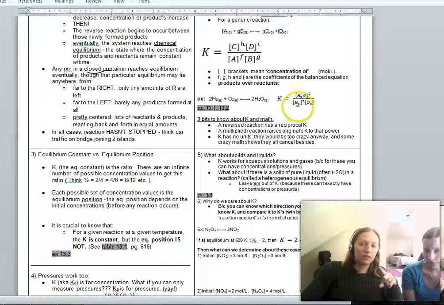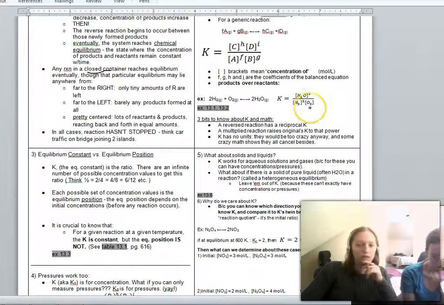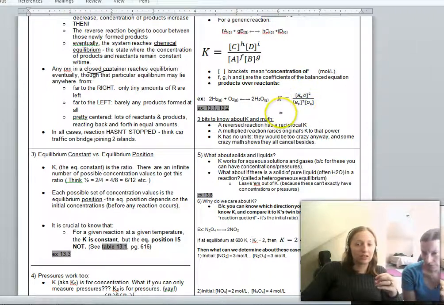And then the hydrogen also squared in brackets because of this 2. And then oxygen just to the first power because it's got an invisible 1. So if you actually had numbers for these concentrations, you could stick them into these spots and you would know the value of K.